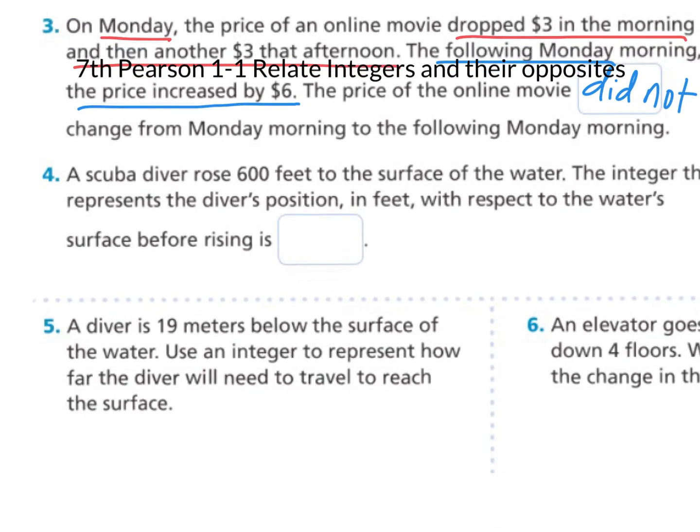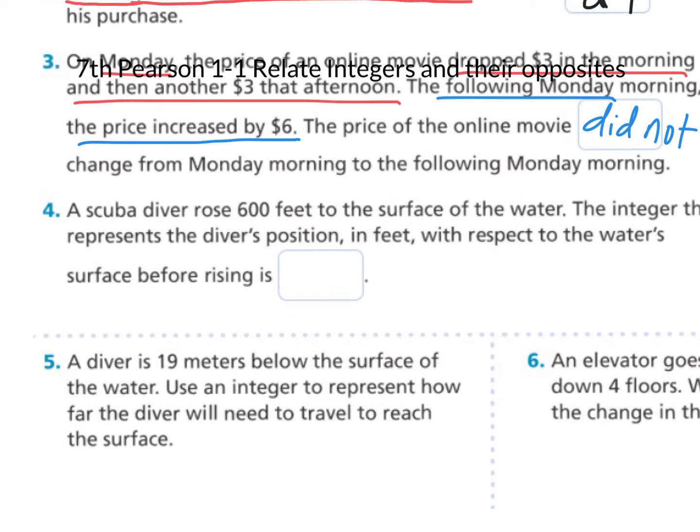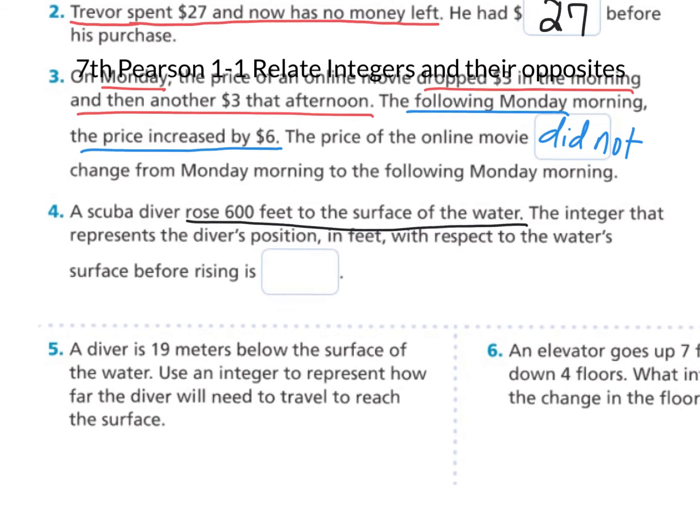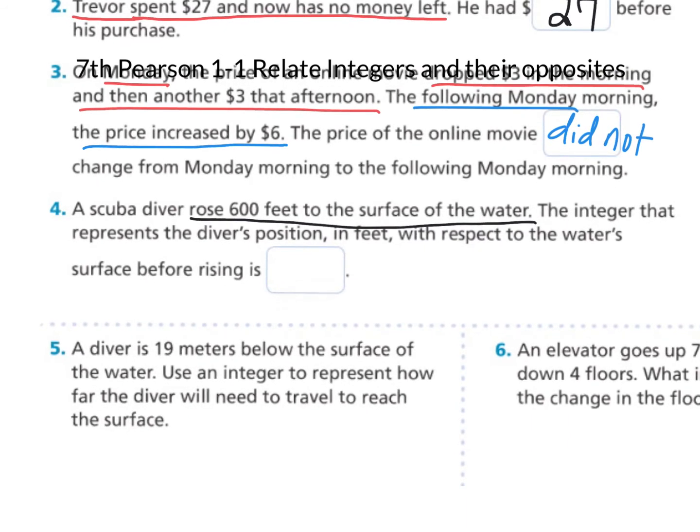Number 4, a scuba diver rose 600 feet to the surface of the water. So the integer that represents the diver's position with respect to the water's surface before rising is what? So this diver was under the water and then rose to the surface.